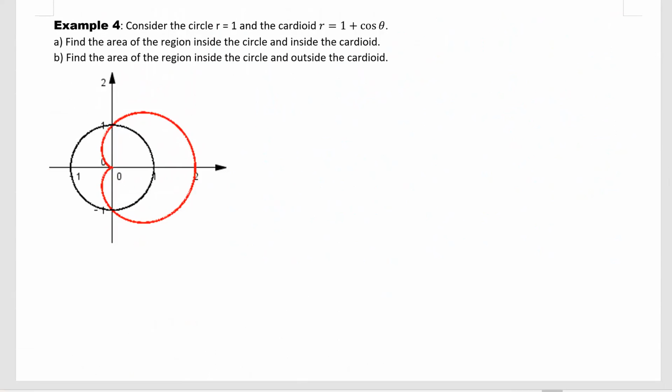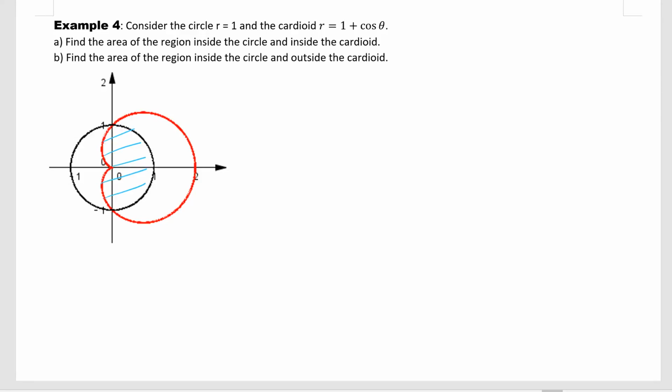Consider the circle r equals 1 and the cardioid r equals 1 plus cosine theta. Part A, find the area of the region inside the circle and inside the cardioid, which is this piece.